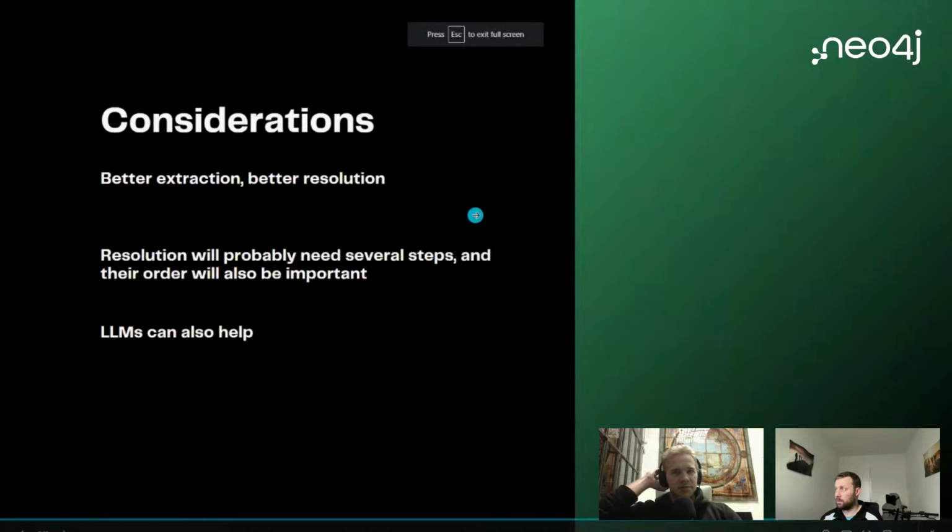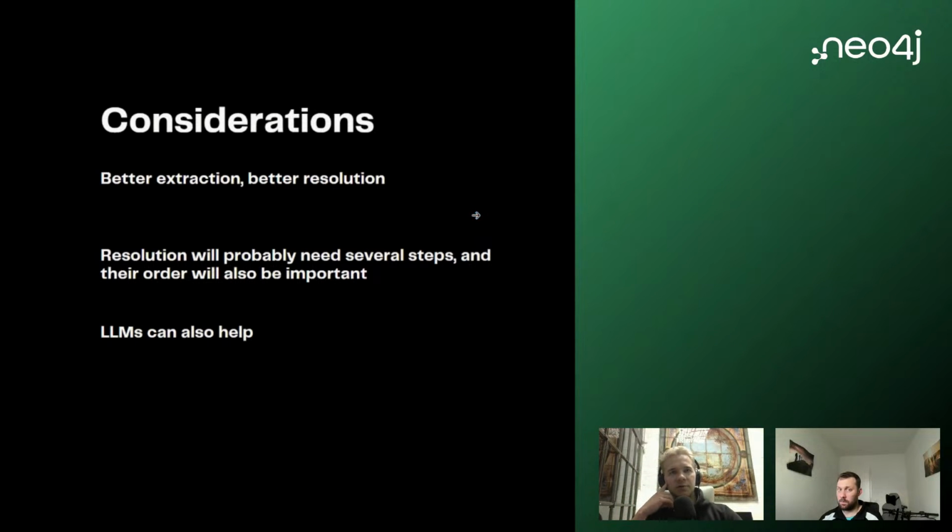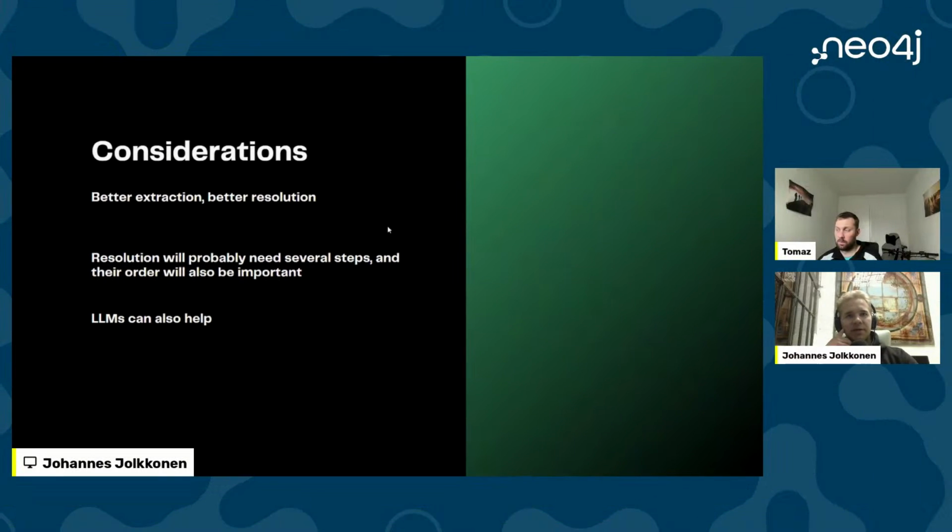I think I covered most of these already before, but as I said, better extraction, better resolution. The more you can extract good data earlier in the pipeline, the better your options are going to be, and the better your results are probably going to be in the resolution.